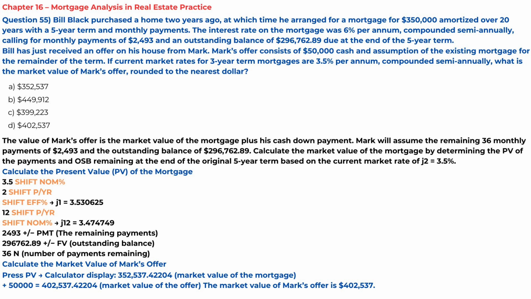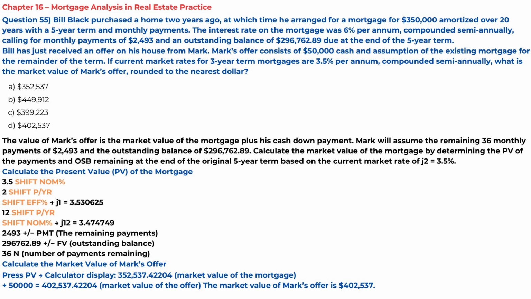The value of Mark's offer is the market value of the mortgage plus his cash down payment. Mark will assume the remaining 36 monthly payments of $2,493 and the outstanding balance of $296,762.89. Calculate the market value of the mortgage by determining the PV of the payments and OSB remaining at the end of the original 5-year term based on the current market rate of J2 equals 3.5%.